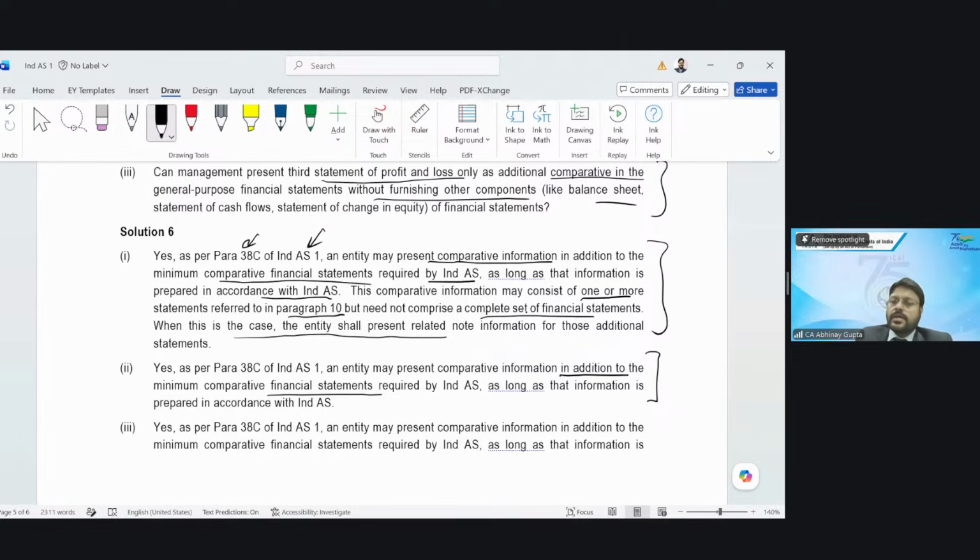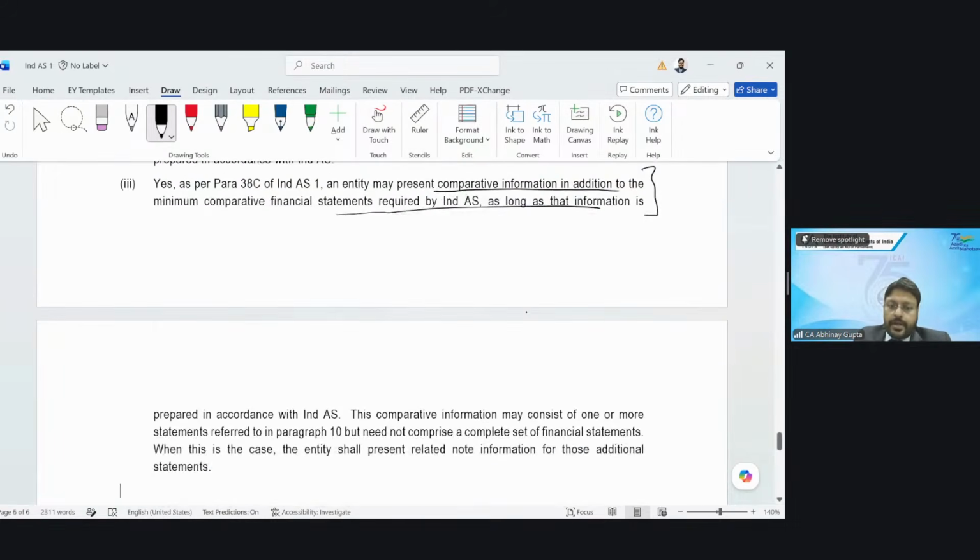And the last one, if we are preparing it for the statement of profit and loss, then do we need to prepare it for other statements as well? For example, the balance sheet, statement of cash flow and statement of changes in equity. What do you think? As per para 38C of Ind AS 1, an entity may present comparative information in addition to the minimum comparative information required, as long as the information is prepared in accordance with Ind AS.